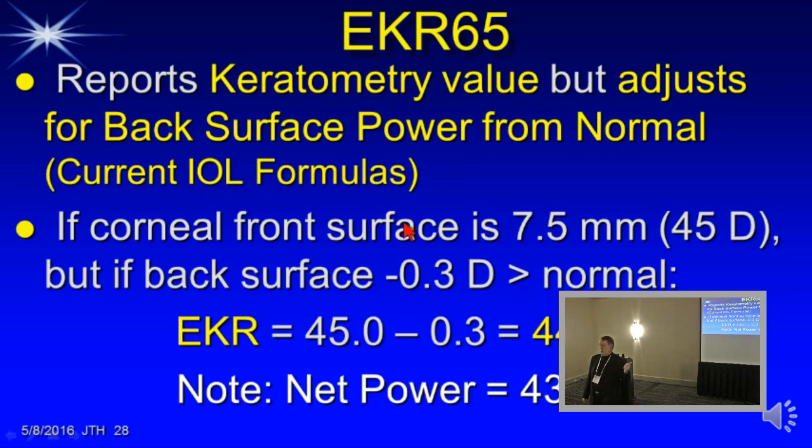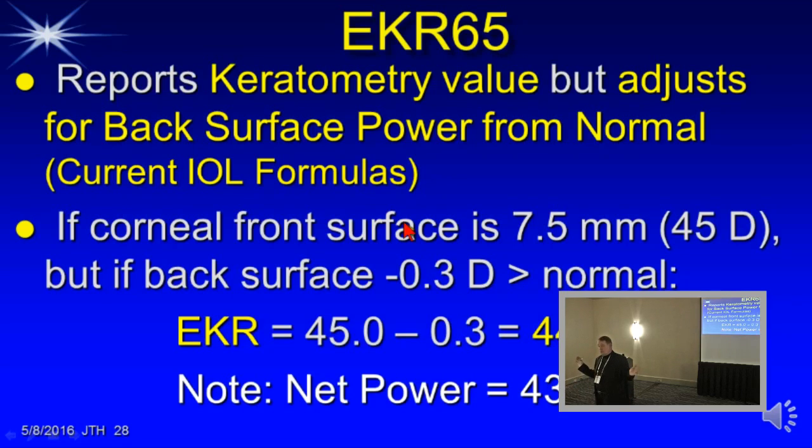That's only a quarter. So you still need to add a quarter of a diopter of against the rule to the EKR65 if you're going to use a calculator to calculate the toricity, because that other quarter of a diopter is from the flattening of the cornea that you get with a temporal incision.